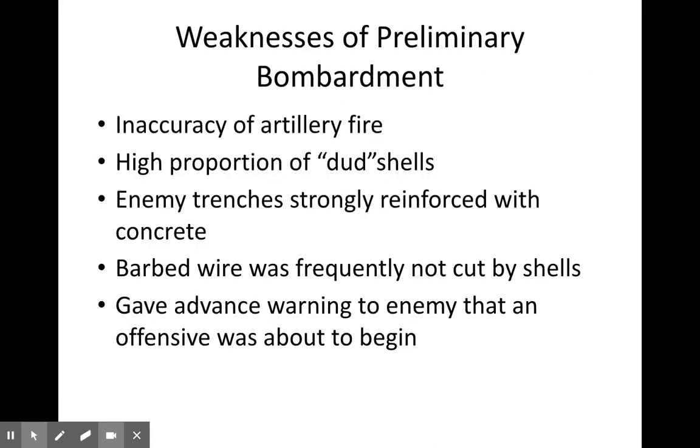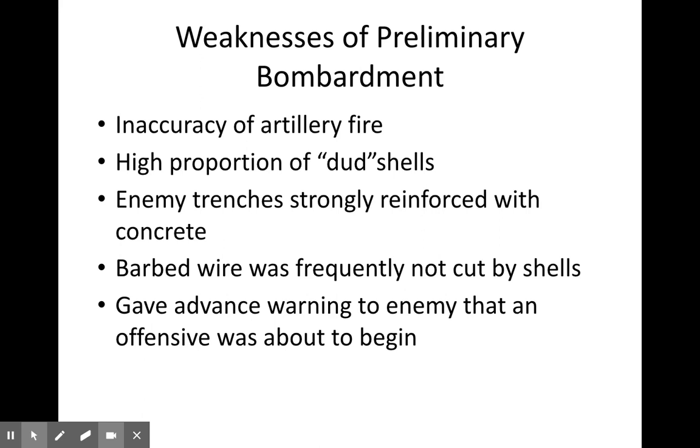The problem is these shells were not very accurate in World War One. A lot of them didn't go off. The enemy trenches, particularly Germany's trenches, were actually the best trenches, and they were strongly reinforced with concrete. So they would shell, send in troops, and people would just basically climb out of their trenches, get behind their machine guns, and mow people down.